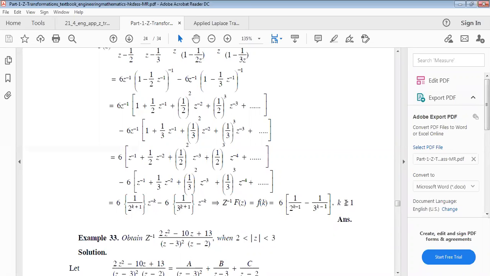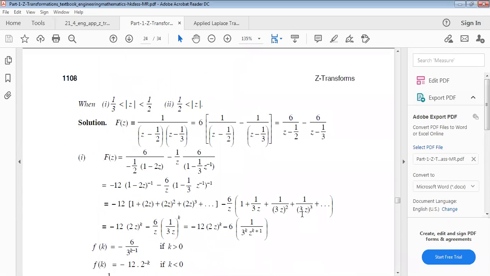This condition is applied only for k greater than or equal to 1, because for k equals 1 we get the first term, for k equals 2 the second term. This is why we have to apply the k greater than or equal to 1 condition to take this series. This is actually the inverse transformation of the given function.